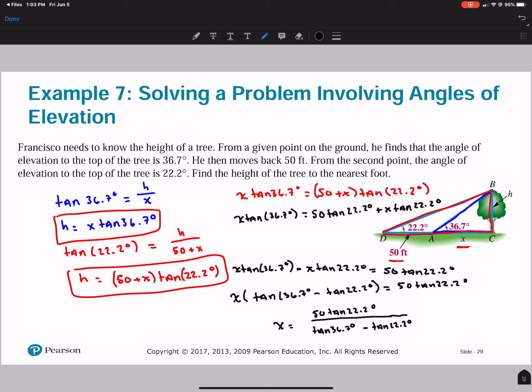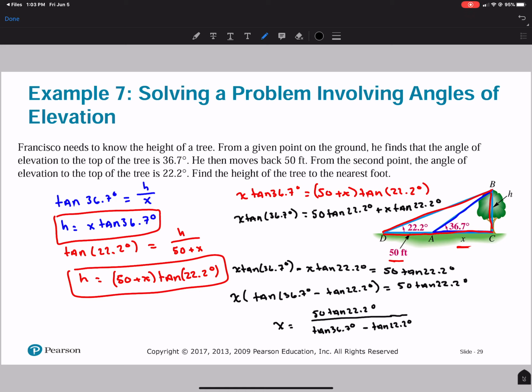Now, when you do this problem, you just got to make sure that you keep your order correct. Now, me personally, I keep it like this, because all we need to do is find what x was.